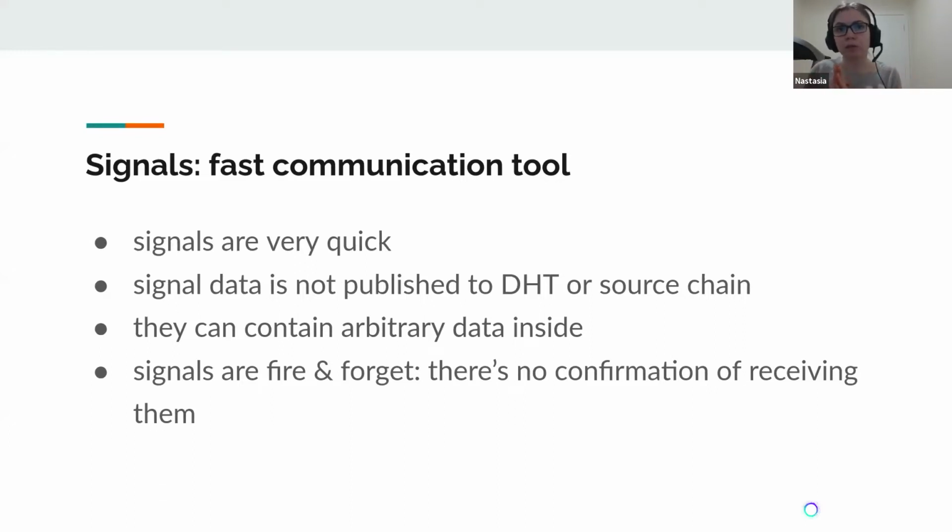That's because signals are fire and forget, meaning that there is no confirmation of receiving a signal from the agent or some other target to which you are sending the signal. Basically like UDP. So signals are a handy tool when it comes to making your application more responsive and more interactive for the users and for the backend UI interaction as well.